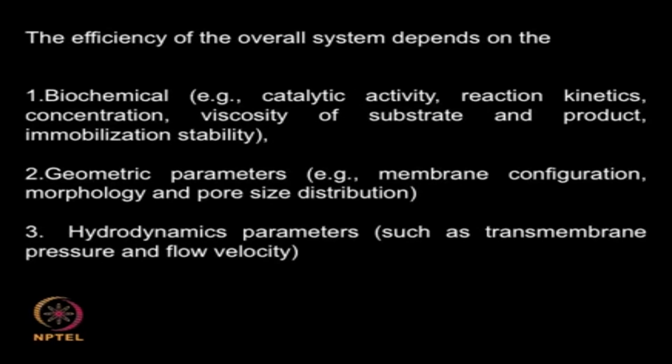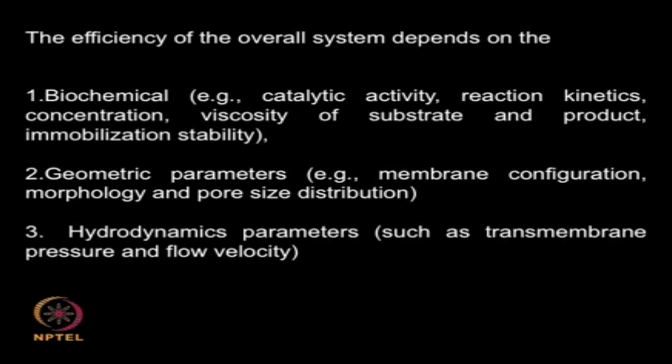So the efficiency of the overall system will depend upon the biochemical factors, that is the catalyst activity, reaction kinetics, concentration, viscosity of the substances, product, and immobilization stability. How stable is this enzyme when it is immobilized on your membrane? That is a very important point to consider because enzyme may lose its activity when you are trying to immobilize it on the support.